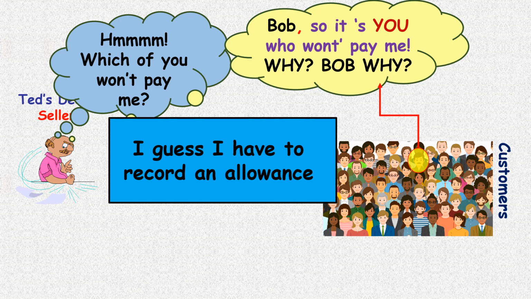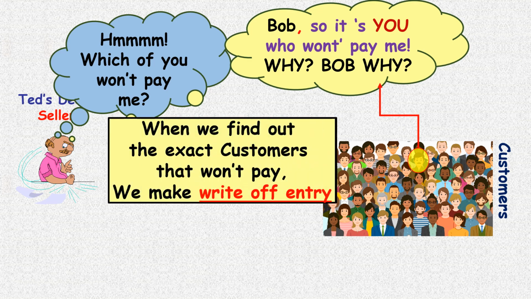So when we find out exactly which customer will not pay, what we need to do is make a write-off entry. Since we already created an allowance for it at the time of sale, later on when we find out the exact customer that will not pay, we just have to write it off.